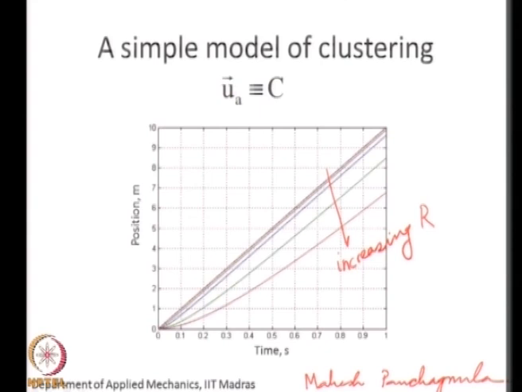So, in other words, this transient over which the drop accelerates to the air velocity is very small, whereas as r increases, you can see a region where the droplet is still continuing to accelerate until it reaches the terminal velocity, which is equal to this value c. What we have plotted here is position versus time.